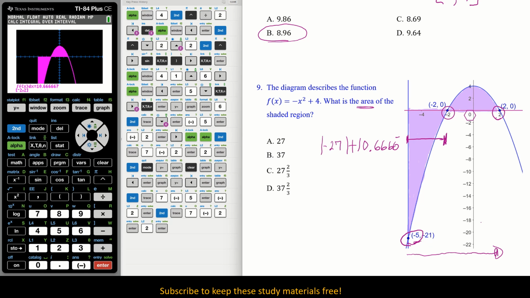There's a couple ways to do it. One, we look at our options and we say, okay, A can't be it because we're taking the absolute value of 27. We're talking about area. And regardless if the area is in the positive region or the negative region, area is area. And we're going to have to add those together. So we know 27 won't work.